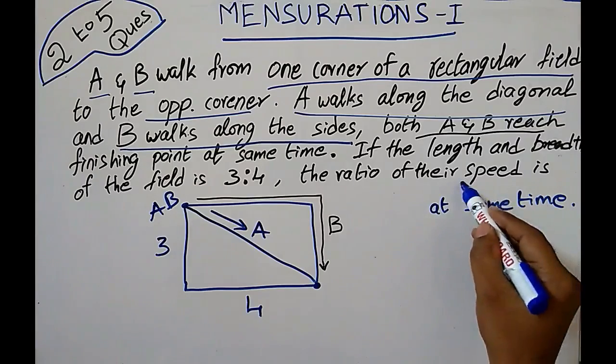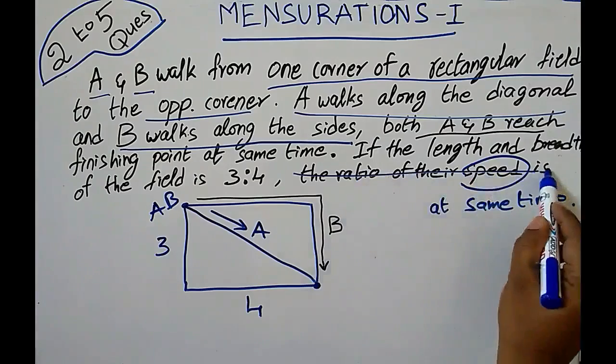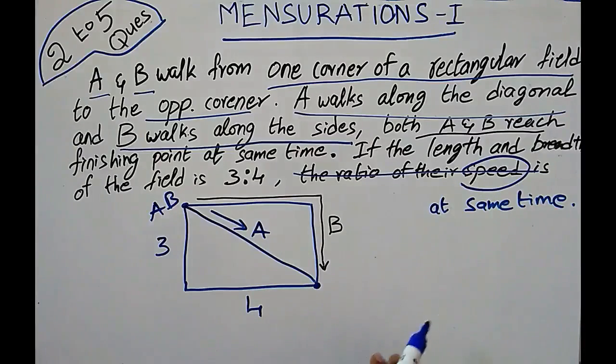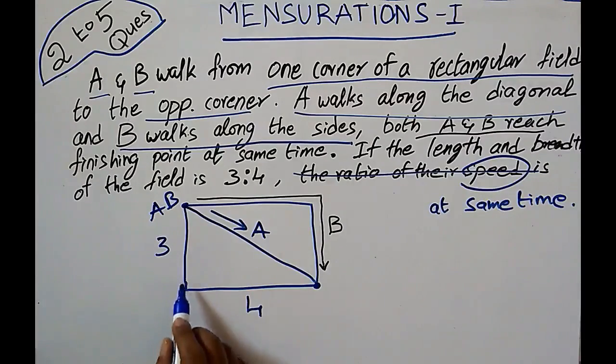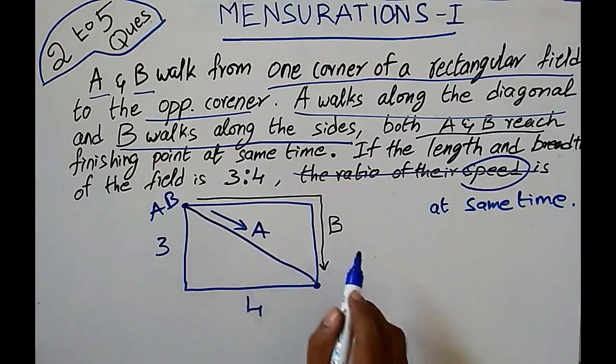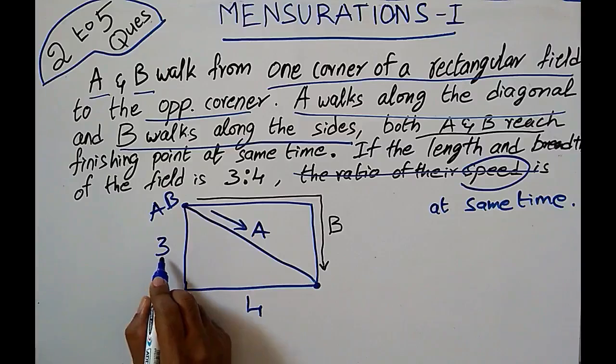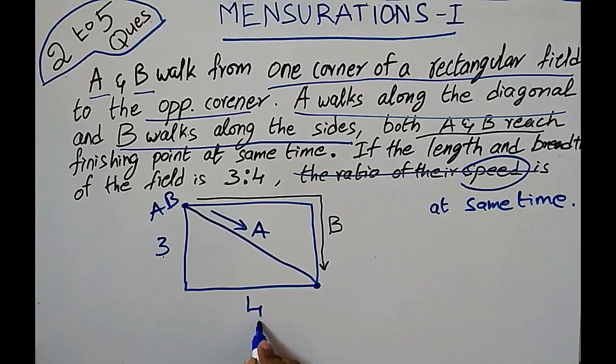So friends, to find the speed, let's forget this question. We'll just find the distance. First of all, what is the distance or the path traversed by A and B? Here, what is the length of the diagonal? If it is 3 and 4, we should remember the triplets.